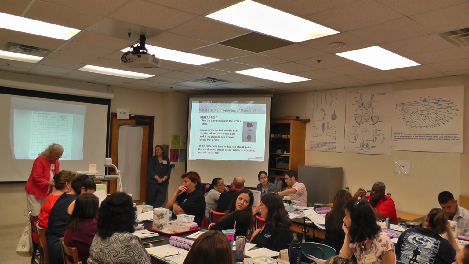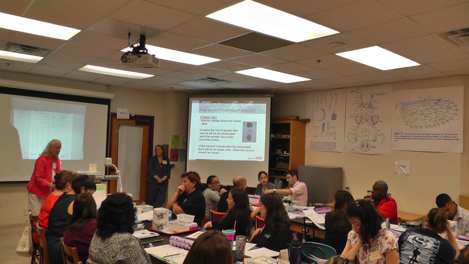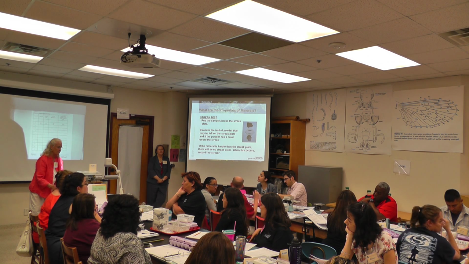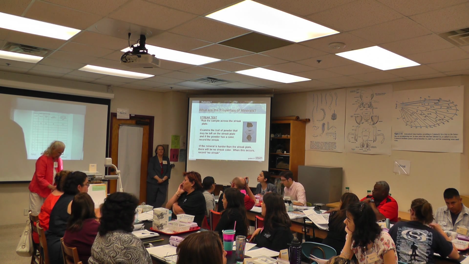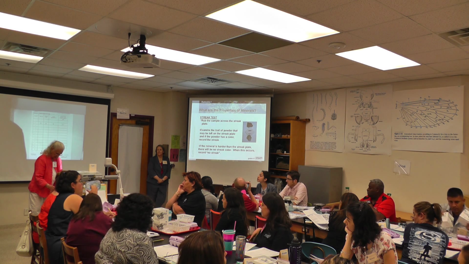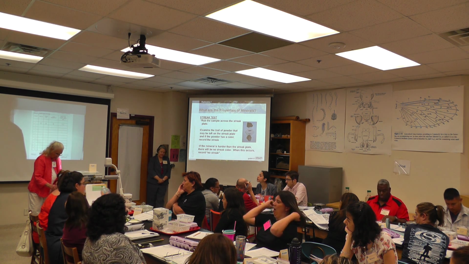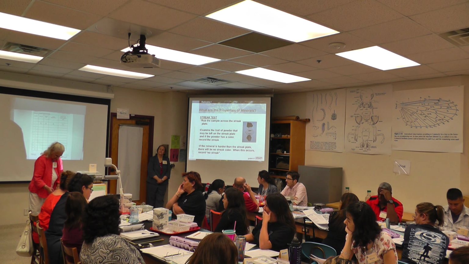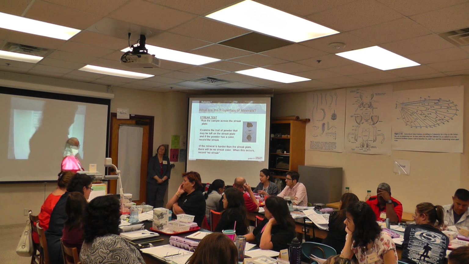Okay, so I want to ask you, if you are dividing the mass of your sample by the volume of your sample, what units would density of that sample be in?